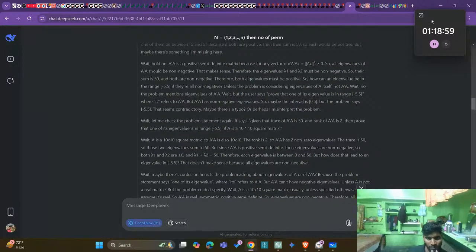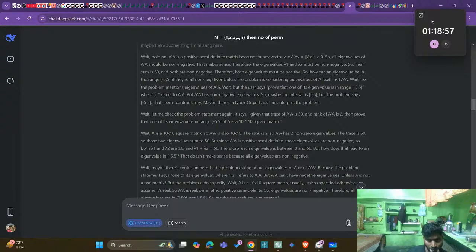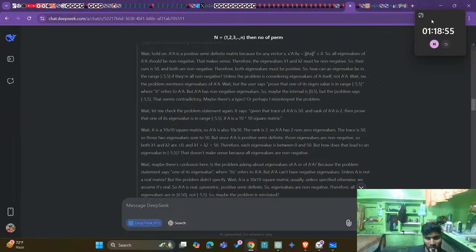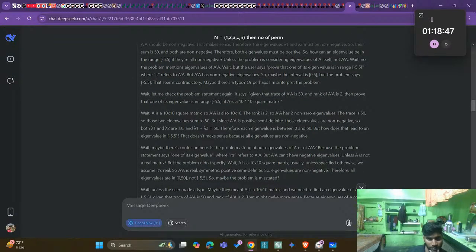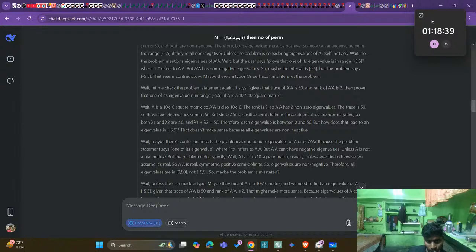Wait, let me check the problem statement again. It says given the trace of A'A is 50 and rank of A'A is 2, then prove one of its eigenvalues is negative. A is a square matrix, so A'A is also 10 by 10. Rank is 2, and A'A has two non-zero eigenvalues whose sum is 50.